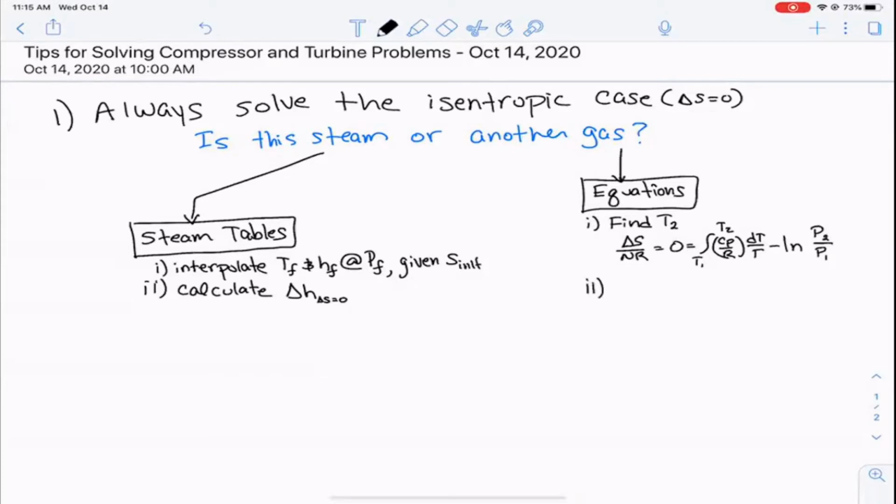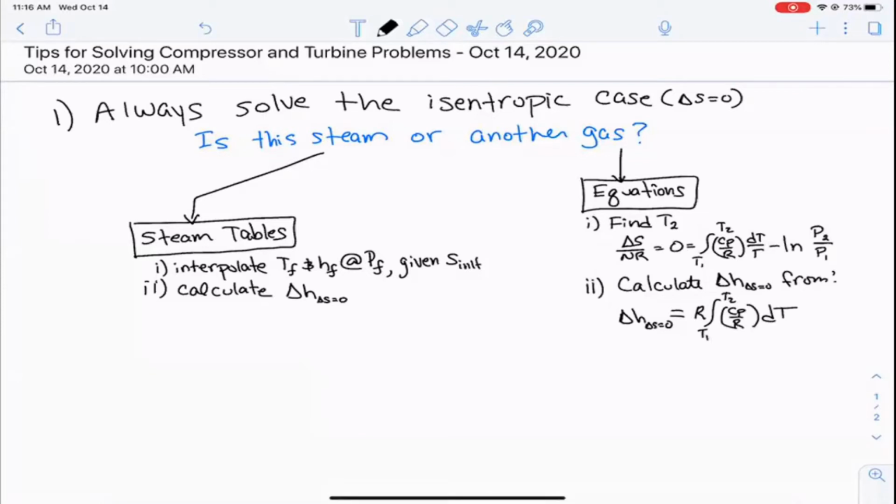And then the second thing that we do is that we calculate delta H when delta S equals 0 from our normal equation. That delta H is just equal to the integral of Cp dT, or R times the integral from T1 to T2 of Cp over R dT.